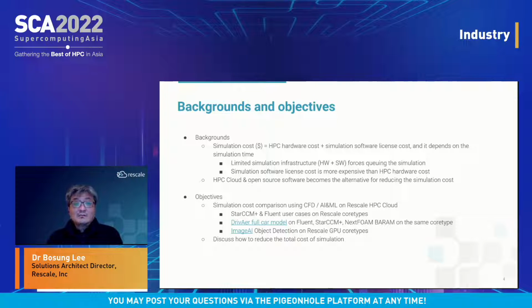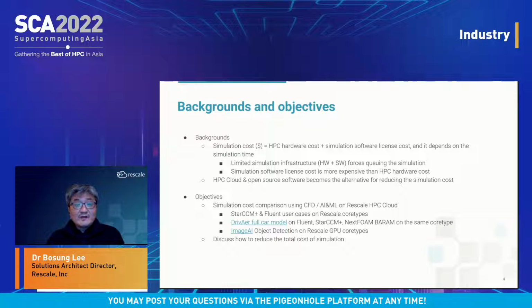Therefore, in this presentation, the total simulation cost is defined as the sum of HPC hardware cost and the license cost. Also, this simulation cost is dependent on the simulation time.